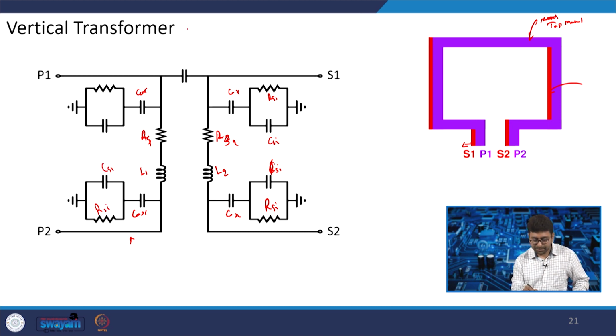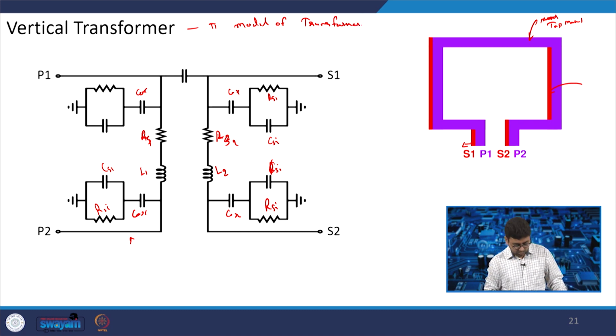This is a pi model of the transformer. This is how the transformer is laid out, and there is a mutual inductance between the two. This is the model used when we try to design the transformer.